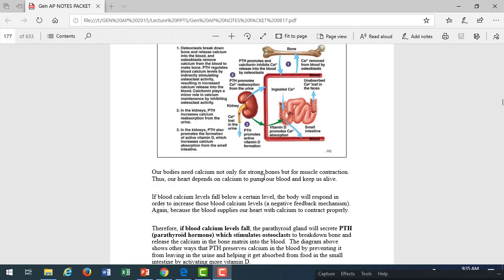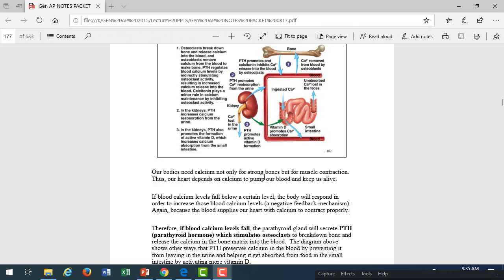It's bolded in the notes, which means this is critical information that we need to know. So we could ask, what stimulates parathyroid hormone to be released? Low blood calcium.